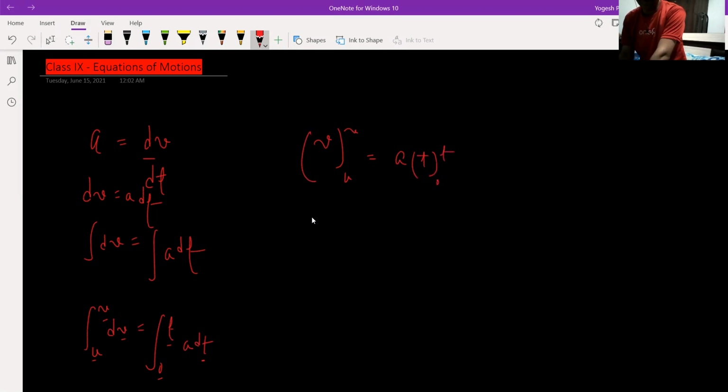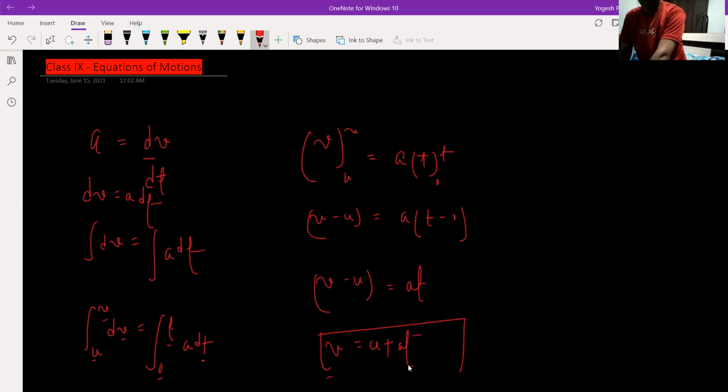So after putting the upper limit minus lower limit, you will get v minus u is equal to at minus 0, and here you get v minus u is equal to at, or v is equal to u plus at.